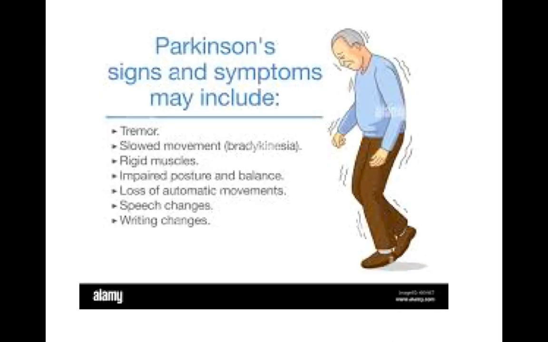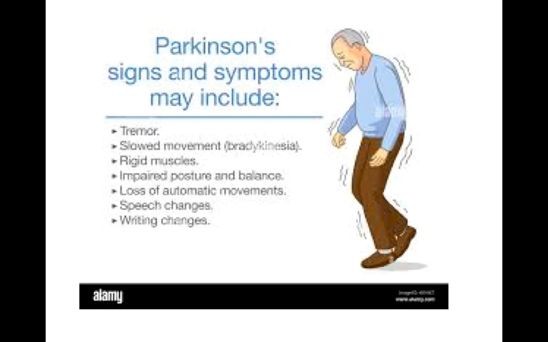Well, we look at some of the pictures of Parkinson disease. This is the picture showing Parkinson's signs and symptoms, which may include tremor, slowed movement, that is bradykinesia, rigid muscles, impaired posture and balance, loss of automatic movements, speech changes, and writing changes.